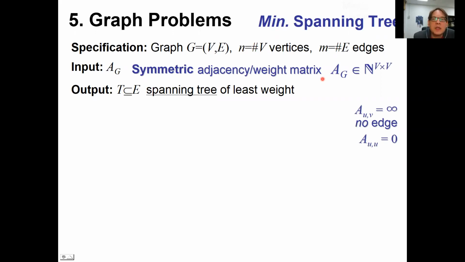That is a graph represented by a symmetric adjacency matrix, which may or may not be weighted, and still we focus on non-negative, or more precisely, strictly positive edge weights. That's kind of the answer to the quiz question. We consider strictly positive edge weights.